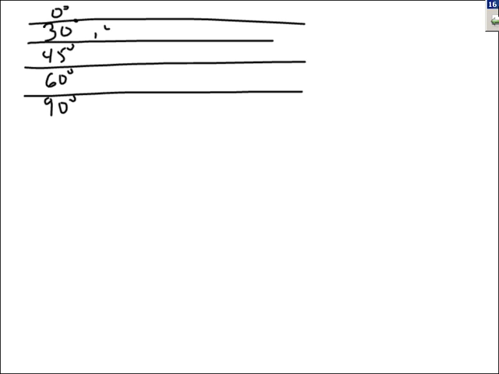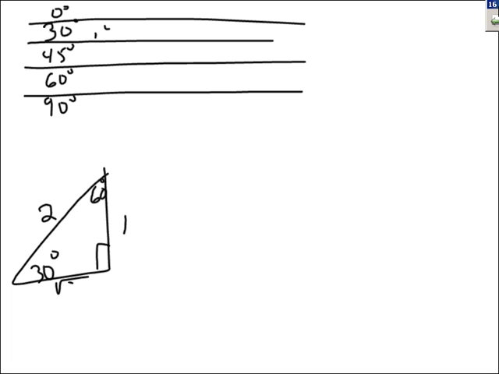For example, here is a 30, 60, 90-degree triangle. Opposite 30 is 1, hypotenuse is 2, opposite 60 is square root of 3. That is, we know the 6 trig functions of 30 and 60.